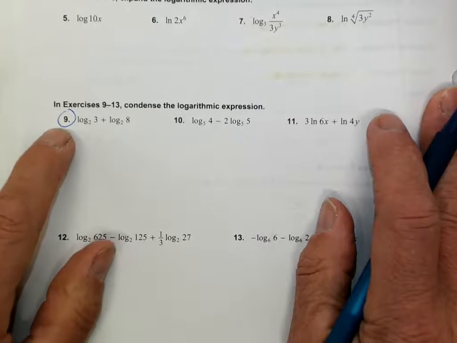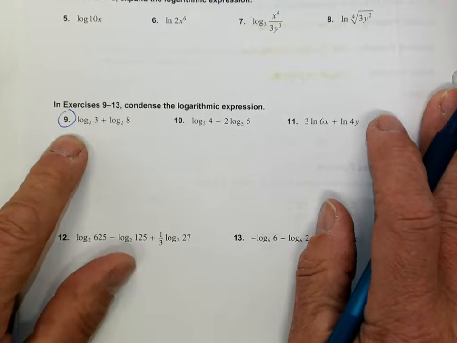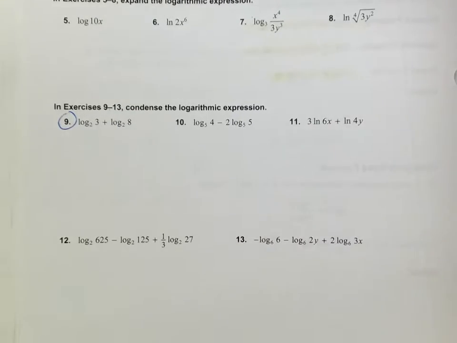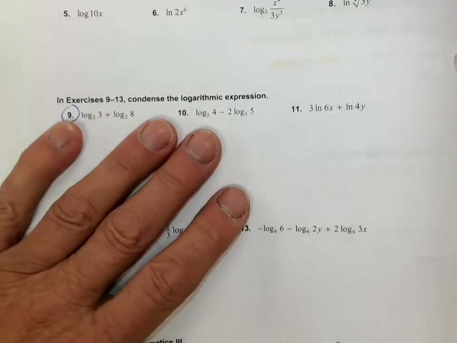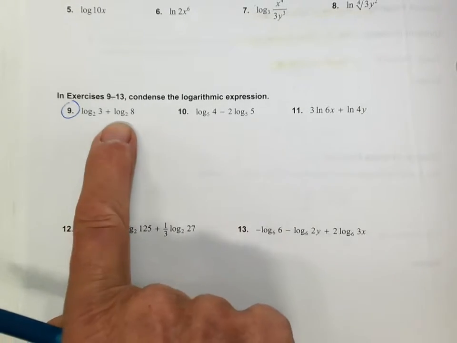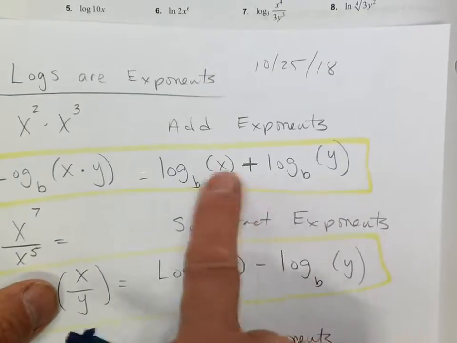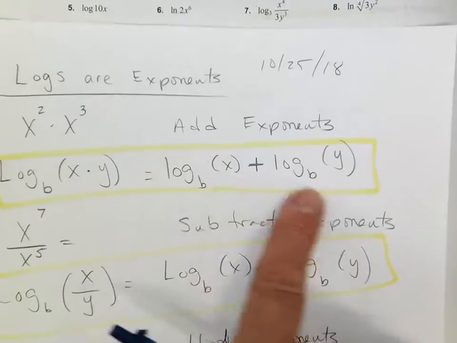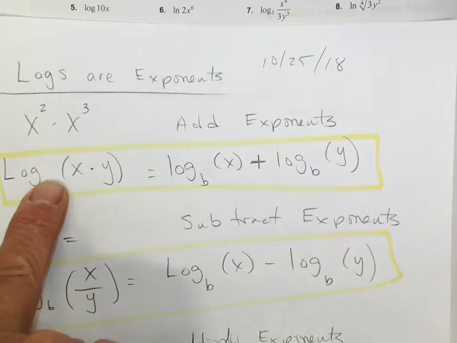On number 9, what I want to do is just use the log rule. Where are my notes? Here I have my notes. I'm going to take these two logs and bring them back together. I'm going to use this rule right here.